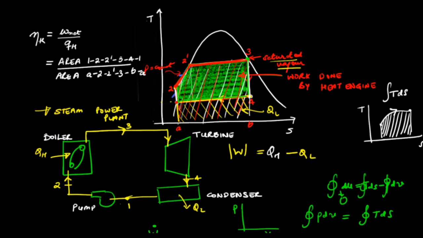And there we'll see that interpreting this efficiency in terms of the ratios of these areas would be helpful. For analyzing the Rankine cycle, it is helpful to think of the efficiency as that of a Carnot engine, but with average temperatures at which heat is being supplied and rejected.